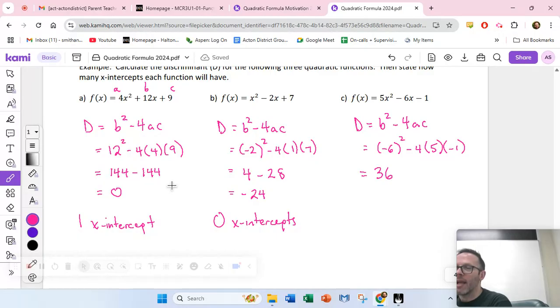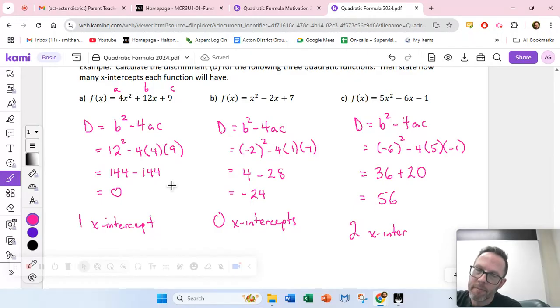Still be careful with negatives. Negative 4 times 5 times negative 1 is positive 20. So you should get 56. I expect some of you guys got 16. So just be careful with the negatives. The discriminant is positive. There are 2 x-intercepts. Did you guys get that as well? All right.